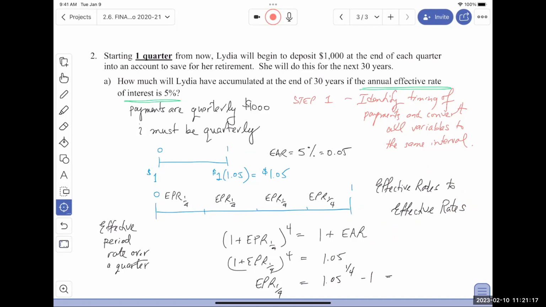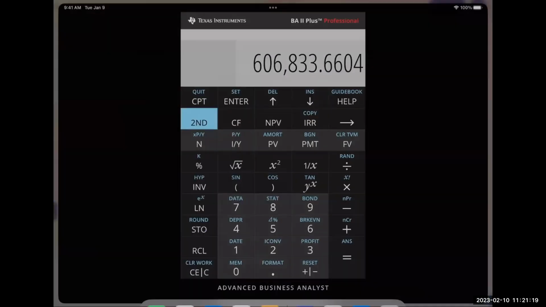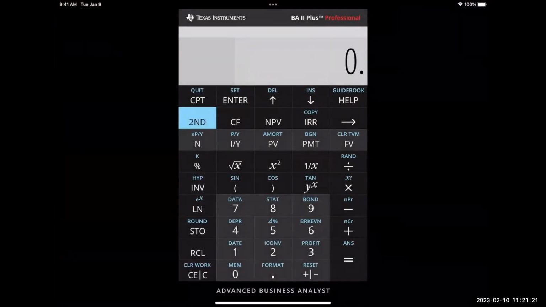So to do this in the calculator, I enter, and you can do this on the HP as well, or on the other ones, 1.05 to the power. Now, since it's a quarter, you can put 0.25, but you should get into the habit to put the fraction. And the way you do that is put 4 and then invert it into a decimal.